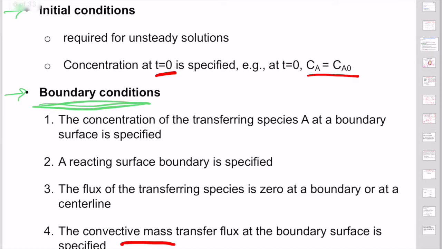So she talked about different types of boundary conditions, like a known concentration, a known surface boundary where it's reacting, a known flux, or here we know how much is being convected in or out at a boundary, and we'll be talking about that after the exam.